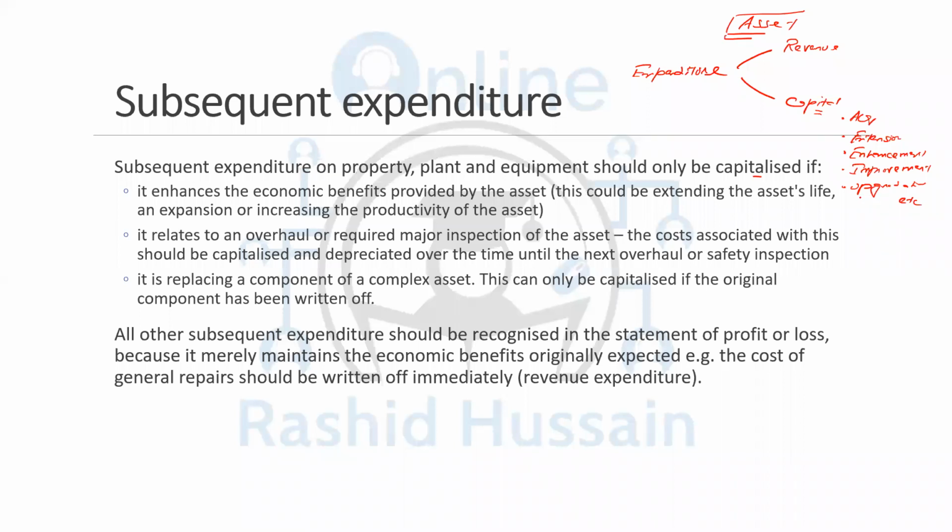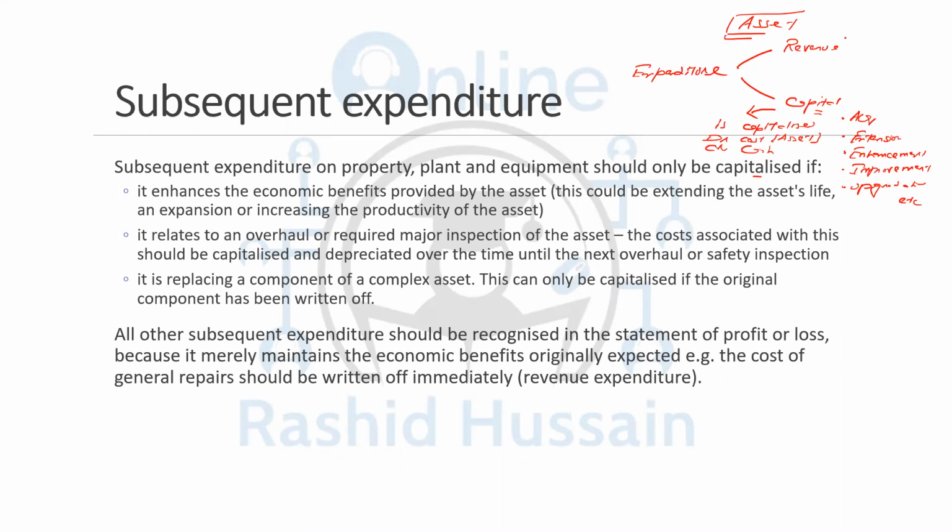Then this is the improvement, upgradation. So any expenditure on the non-current asset which is related to acquisition, extension, enhancement, improvement, upgradation is known as the capital expenditure. And capital expenditure is capitalized. And when we say capitalized, that means you record that thing as an asset. So debit cost, which is the asset, and credit cash.